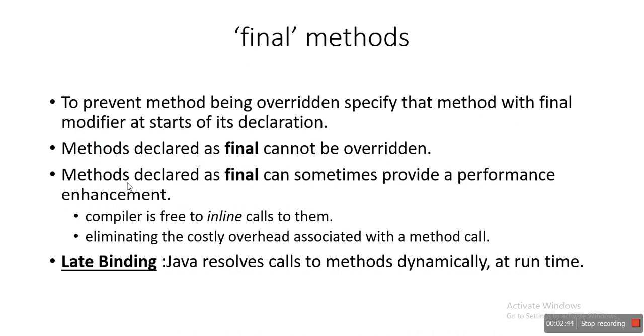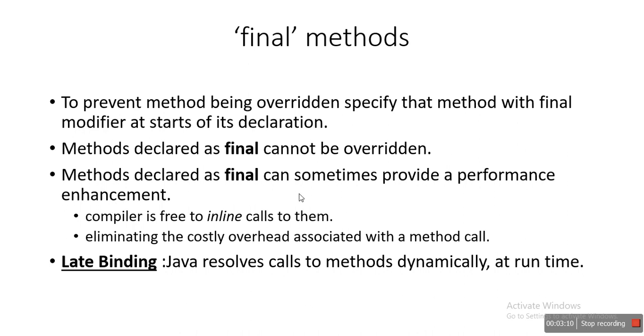Next, methods declared as final can sometimes provide a performance enhancement. How and why? Performance is increased with final methods because the compiler is free to inline calls to them. Now, we have inline functions in C++.